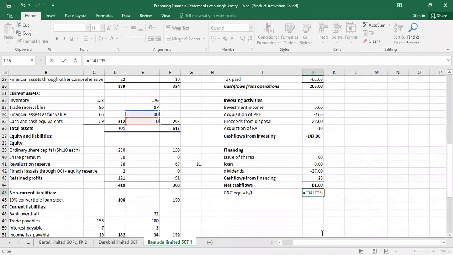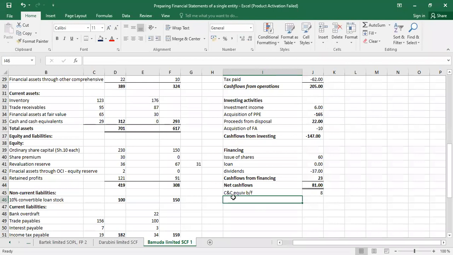So it will be minus, minus bank overdraft of 22. Control enter. So I'll just copy this one, control C, control V.